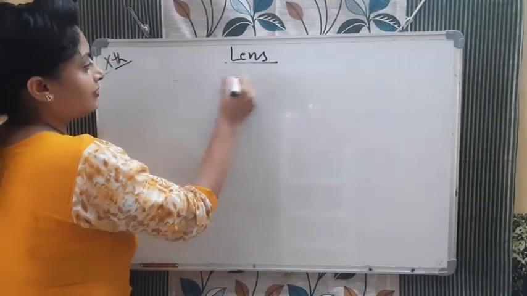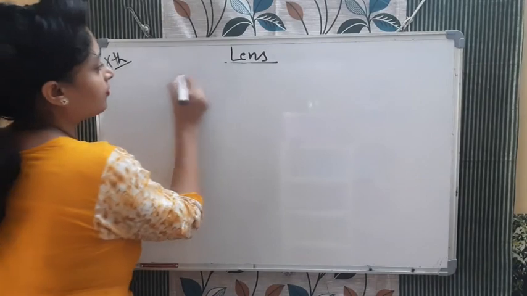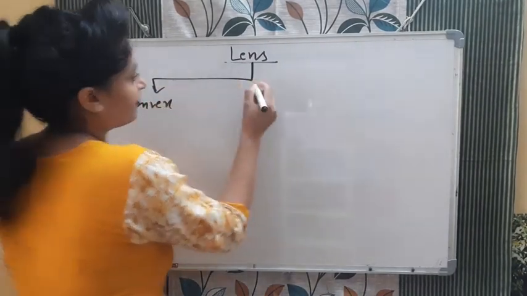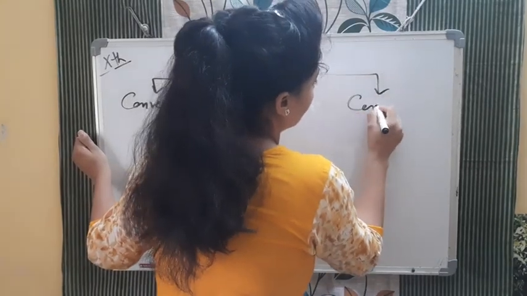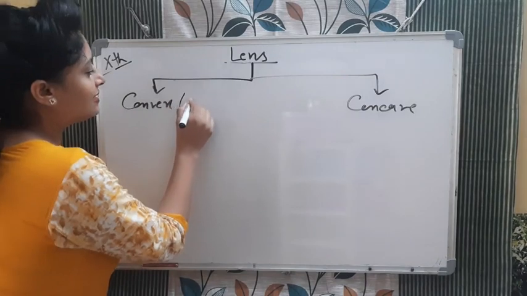So there are two types of lens. One is known as convex and one is known as concave. Now see, convex is what kind of lens? Converging lens.